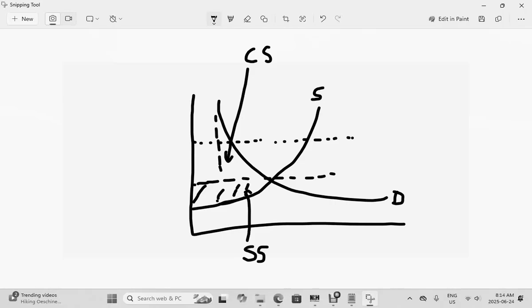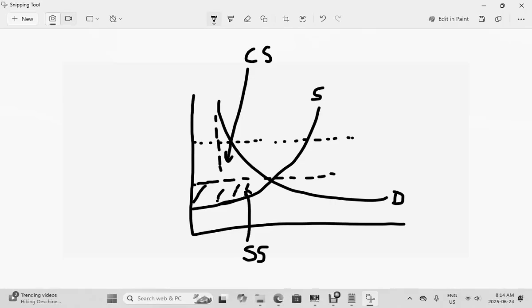Which is fine for the supplier as well as the consumer because the price ceiling does not impact the supplier. But if you have a supplier who is willing to sell at a higher price and a consumer who is willing to buy at a higher price, you may have a new equilibrium point in the future.